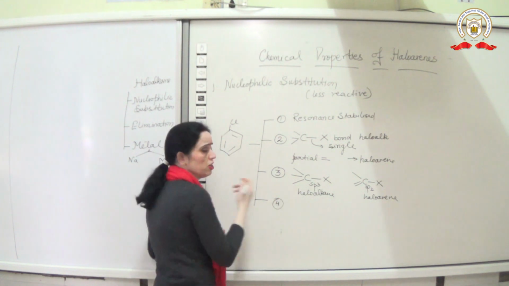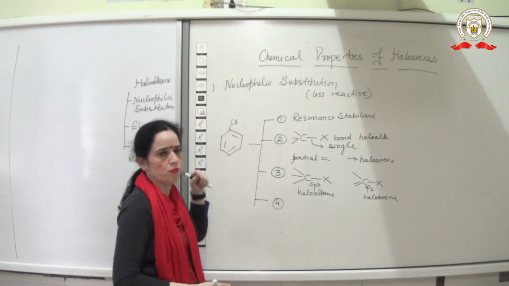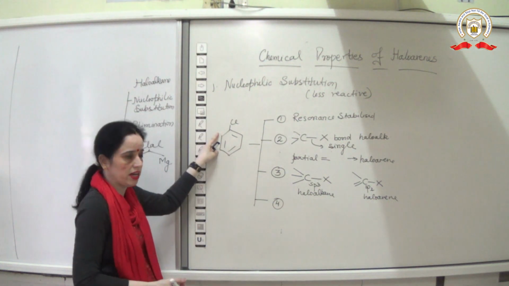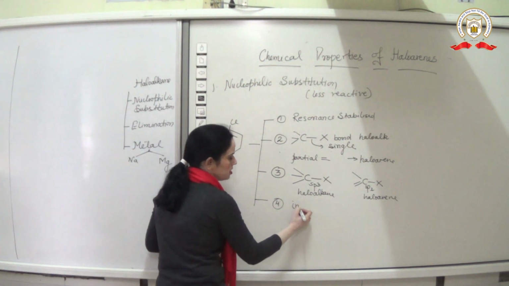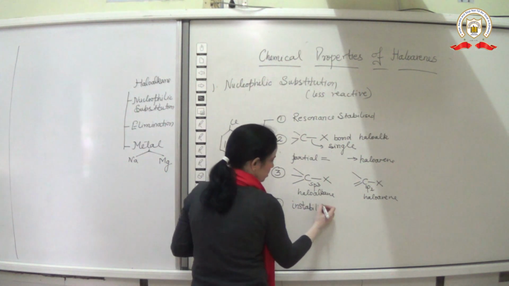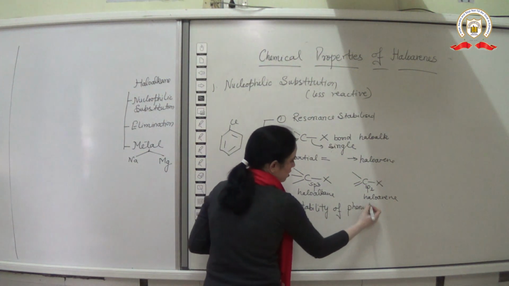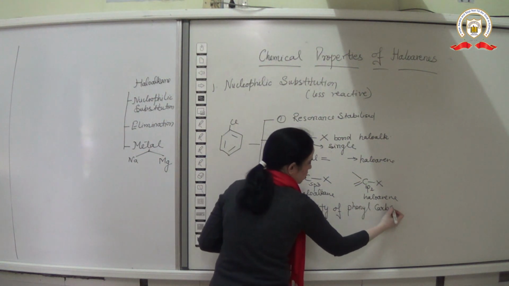The fourth is the instability of phenyl carbocation. If we remove Cl from it, we get the phenyl carbocation, which is unstable.